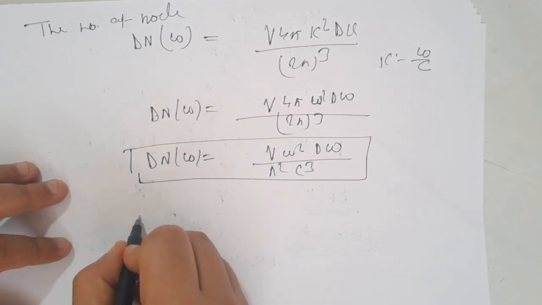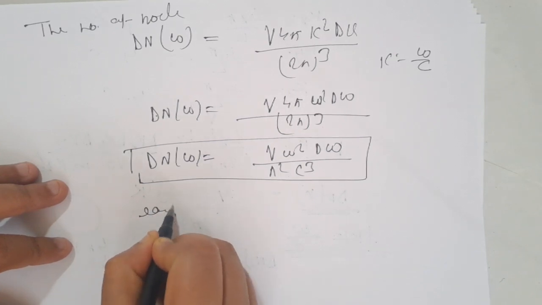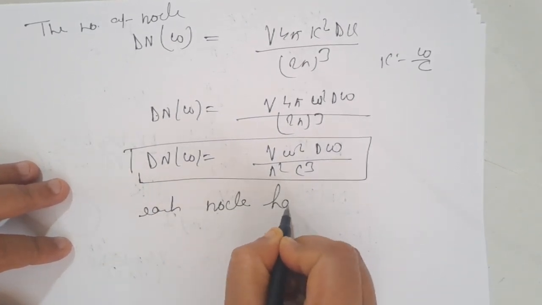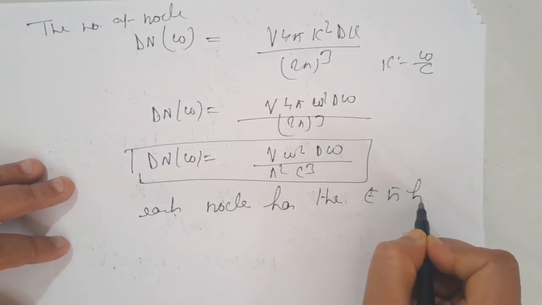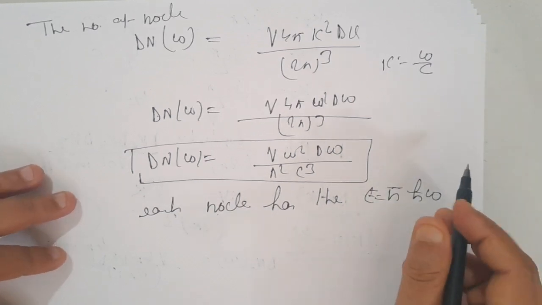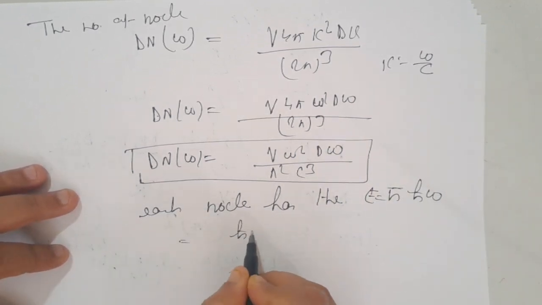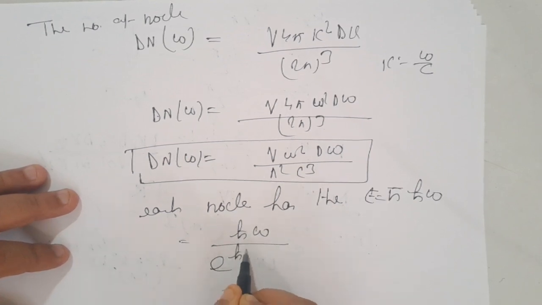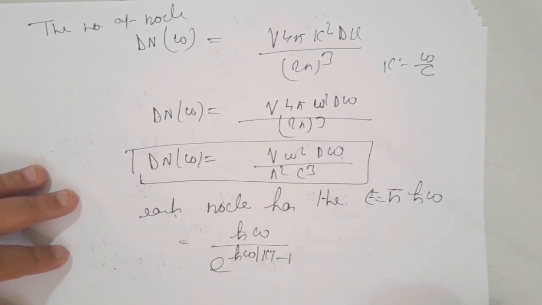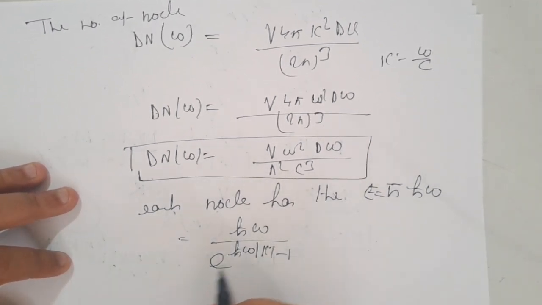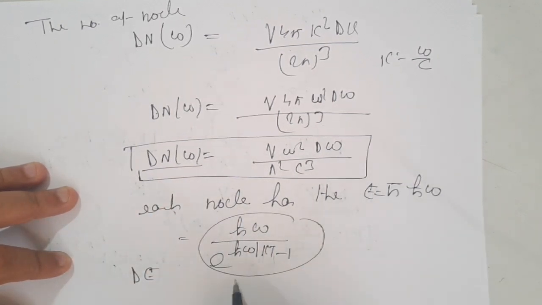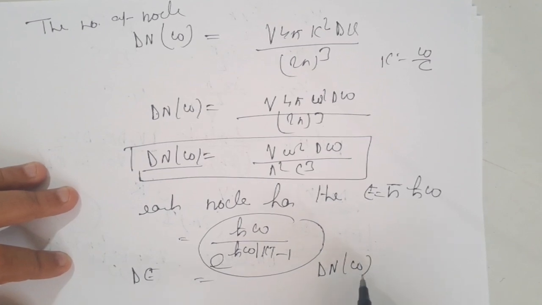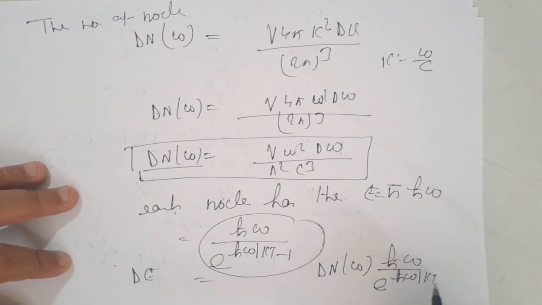We know that each mode has the energy n bar h bar omega, that is h bar omega divided by e to the power h omega by kT minus 1.